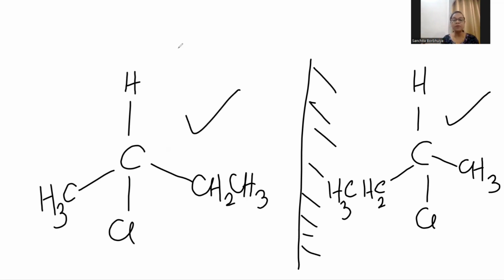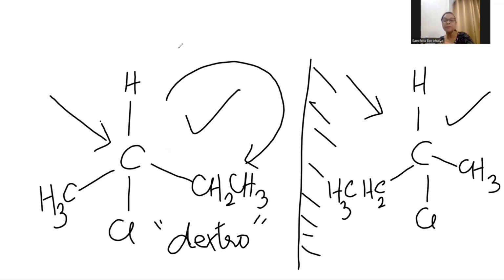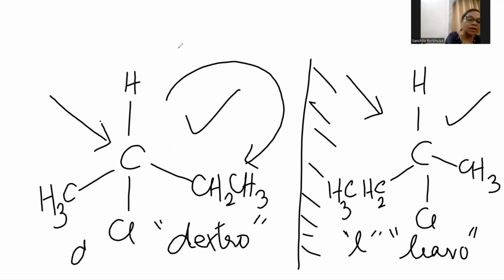So object distance is equal to image distance roughly. If PPL is passed through this compound, it may rotate the PPL towards the right or clockwise, making it a dextrorotatory compound. And the other isomer, if I pass PPL through this compound, will rotate PPL towards the left, or levo, making it a levorotatory compound, abbreviated as small d and small l.